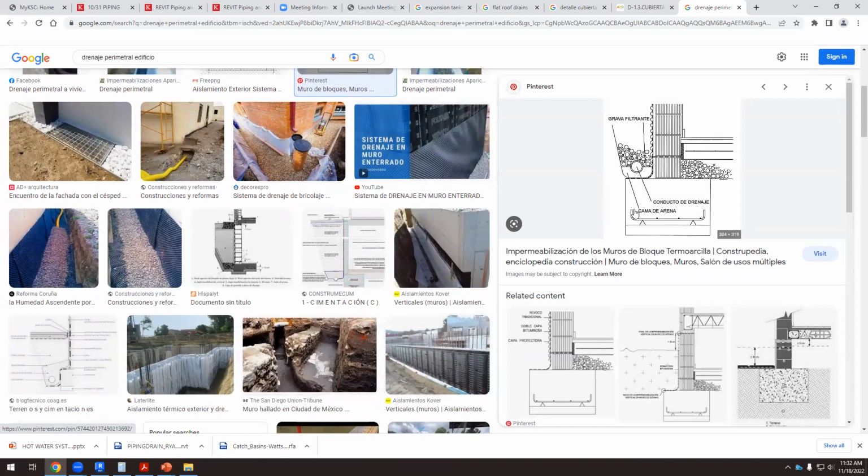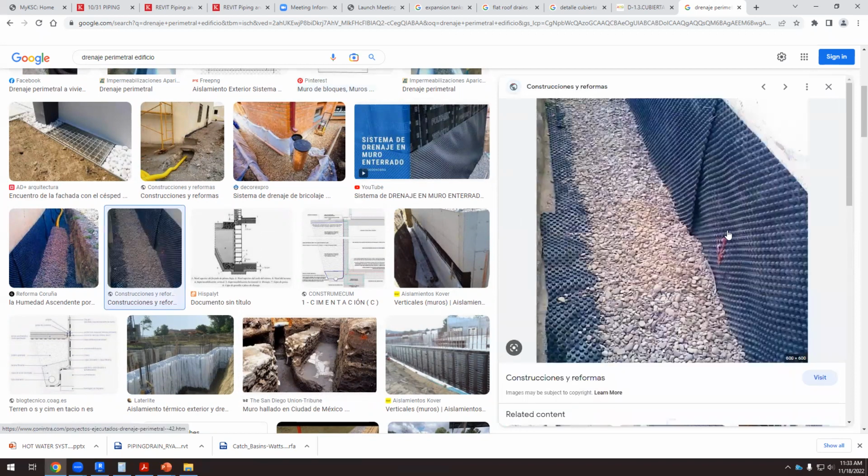If we have a basement, it's mandatory because we have 6 or 7 feet of wall buried. But even if we don't have a basement and have only a couple of feet, we need this drainage and all this protection. The drainage is underneath those aggregates, but everything has to be protected from the water using those elements.